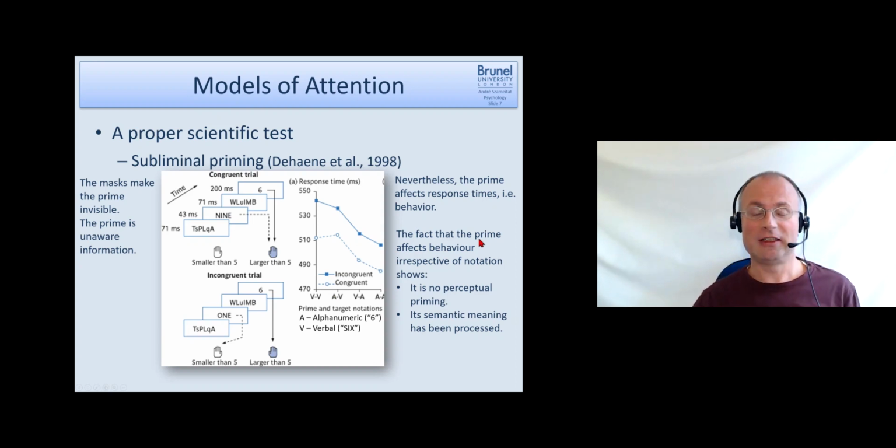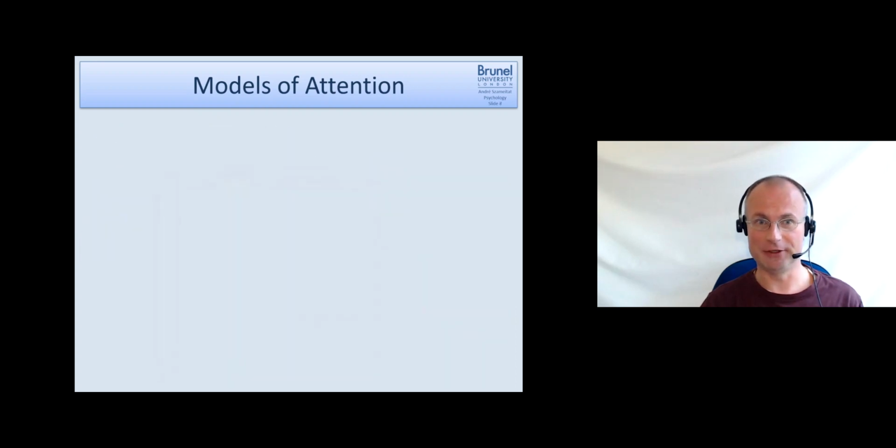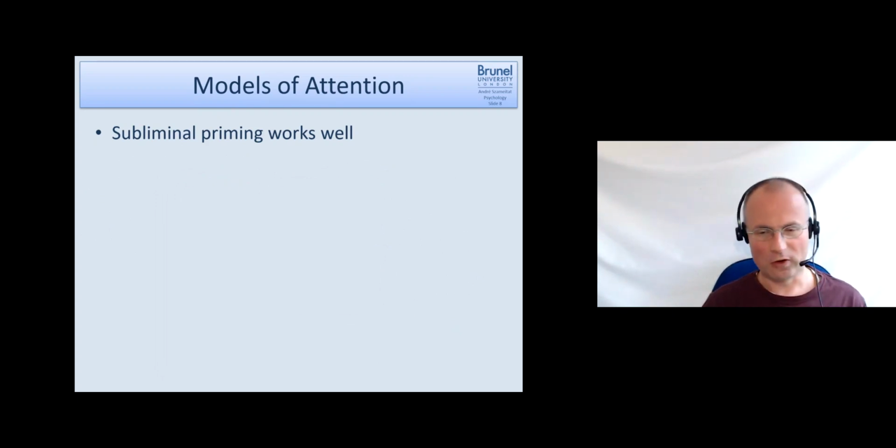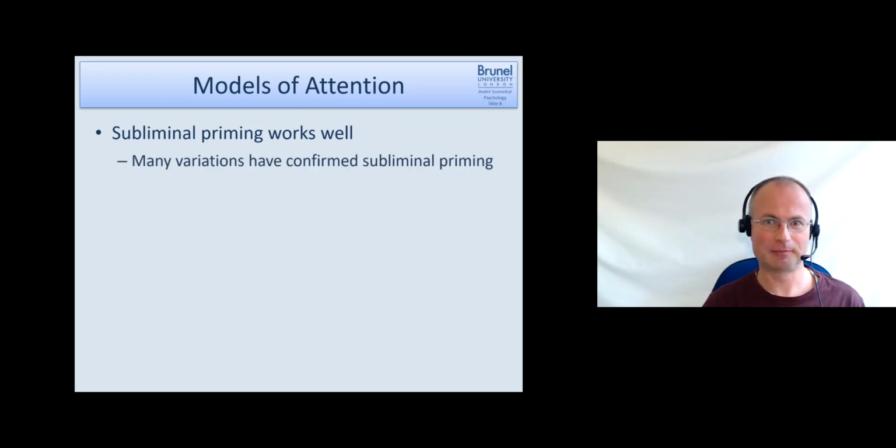So the Dehaene study has provided evidence that unconscious subliminal stimuli can affect our behavior. And it has been replicated in a lot of different variations of this priming, with words and with geometric stimuli, stuff like that.